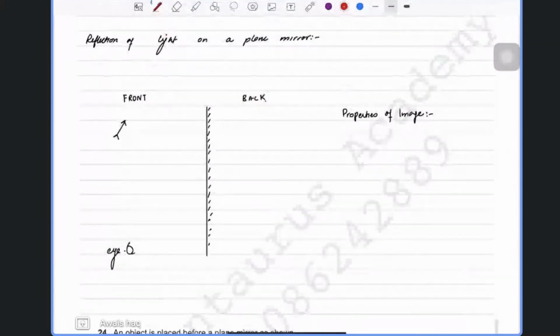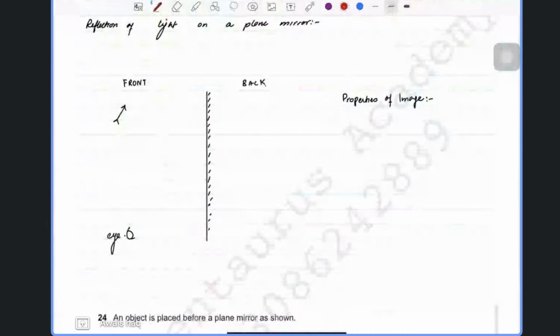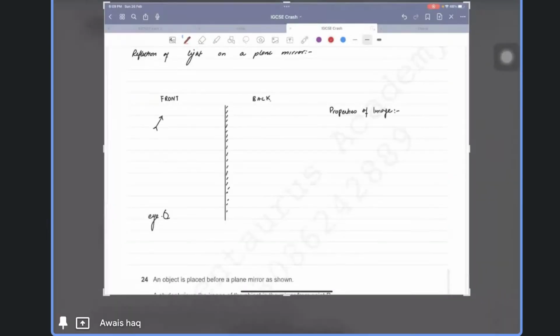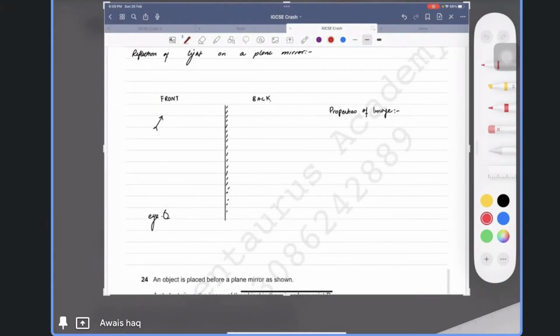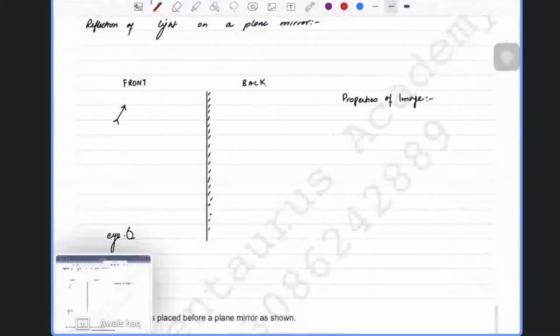Wait a second, let me open it again. Take the screenshot. Where is my ruler? Oh no, it's gone somewhere. Okay, let me try with this. Okay, it's not working. I was supposed to do it with a ruler, but now I cannot. Anyway, what to do then?